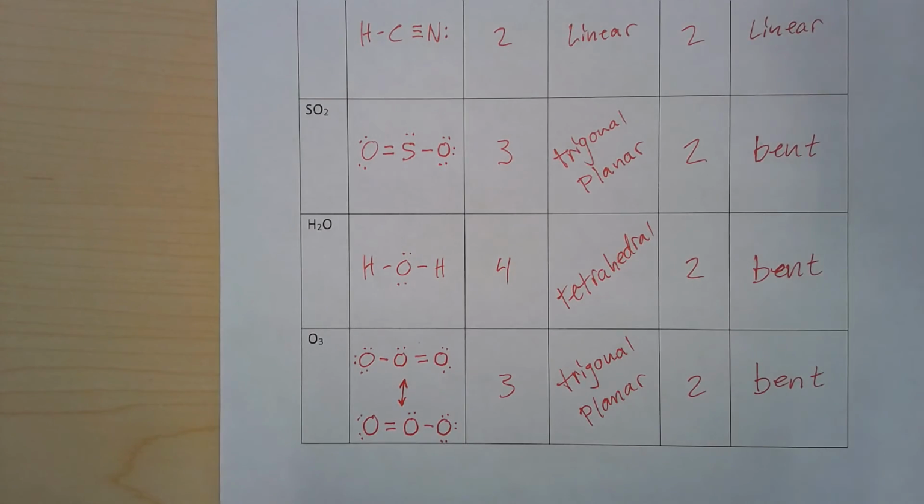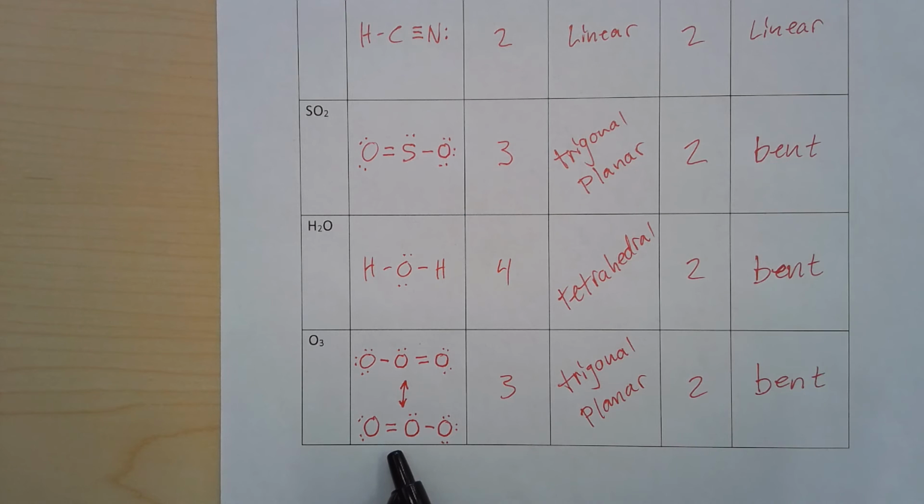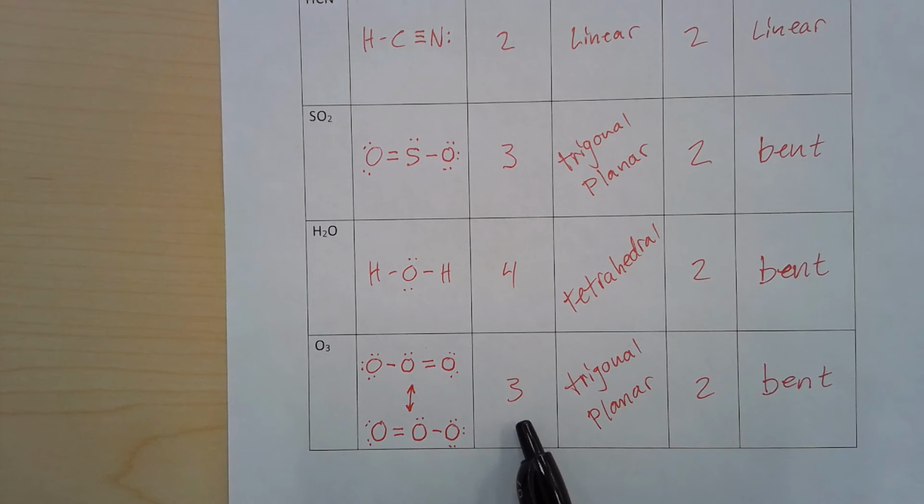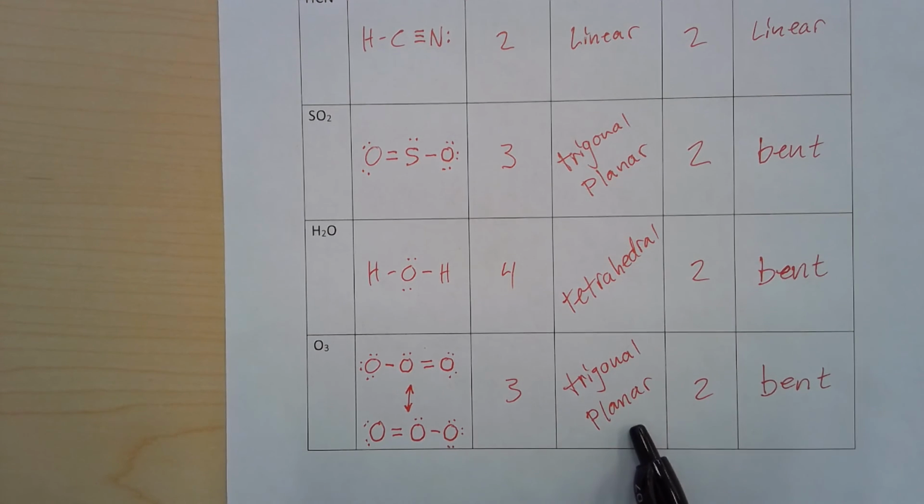And then the last one is ozone. This one I did show the resonance structure because I had some space. So the double bond could be on the right side or on the left side. Either one works. And there is a lone pair on the central oxygen. That makes 3 sides used by electrons. That's the regions of electron density, making it trigonal planar.